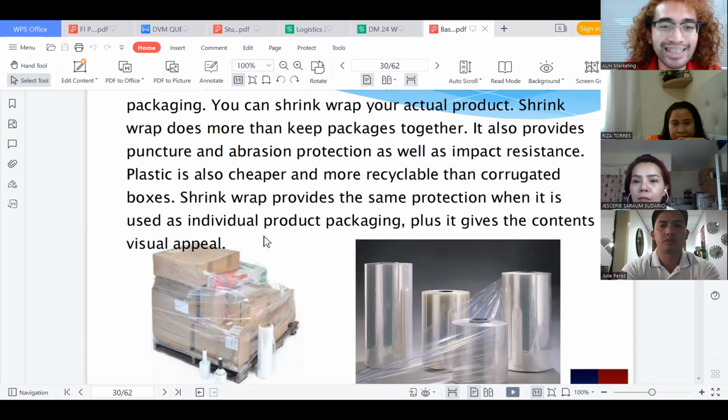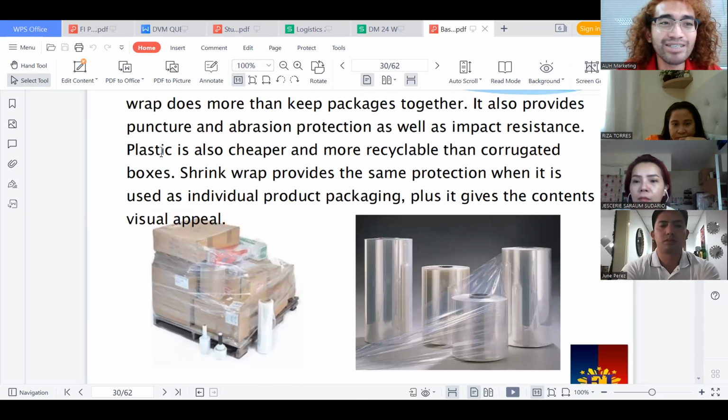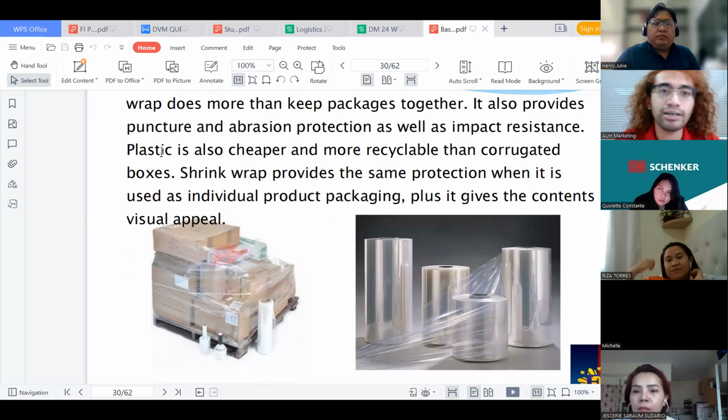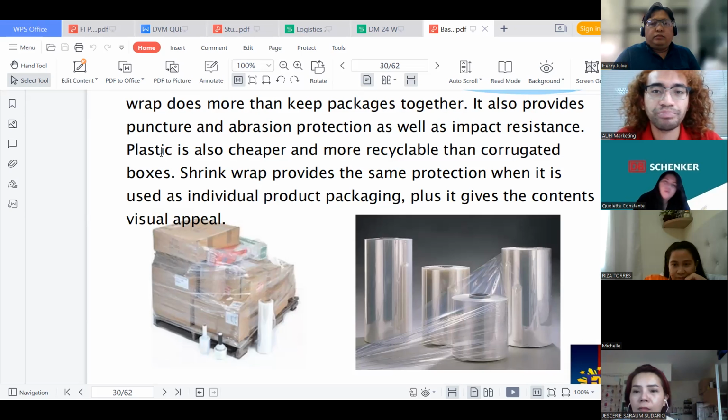Look how much plastic is there. This is mainly to protect, but again, it's a waste. However, how do you think are we gonna make a resolution for this, Colette? How are we gonna? This is a problem. What do you think is the solution?